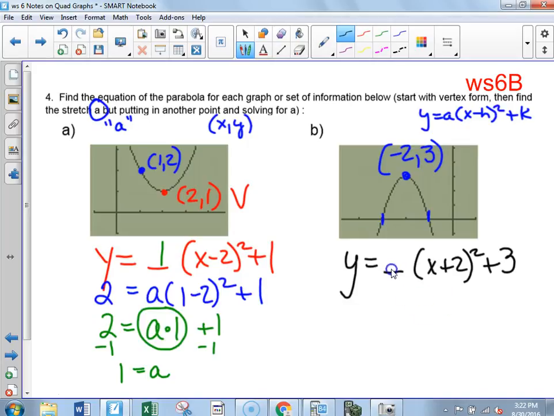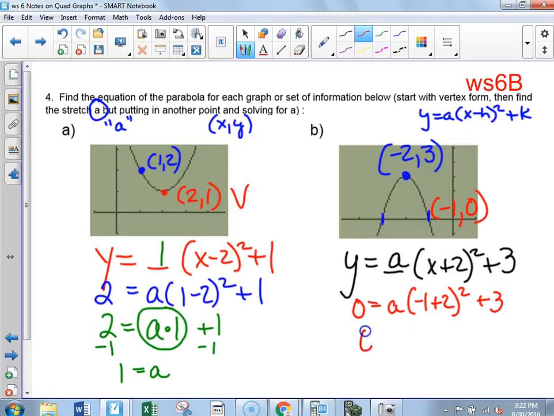Okay. To figure out this a, some of you could figure it out from the graph and counting, but what's going on if this is the point negative 1, 0? Y is 0 and x is negative 1.